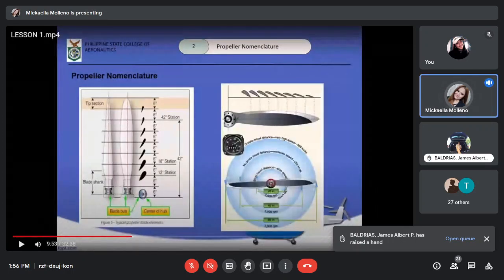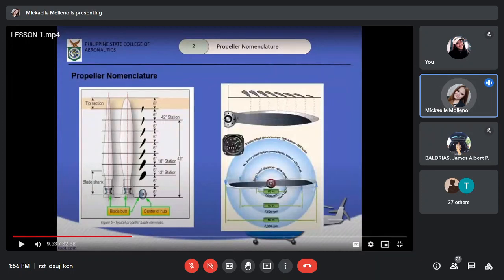Okay, very good. So, always remember na kapag mag-measure tayo ng stations, laging yung pinaka-reference point natin is center ng ating hub. Okay, so doon nagsa-start station 1, station 2, all the way as we reach the tip. Okay, so let's proceed.